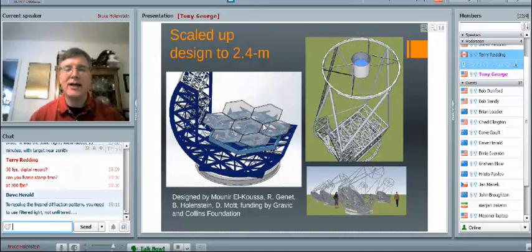And the last project, which is going to be the home for our EMCCDs, is a scaled up version of the previous slide that Russ Genet has been spearheading along with several of us to make the largest size telescope that's transportable down the road in the back of a flatbed truck or tractor trailer.